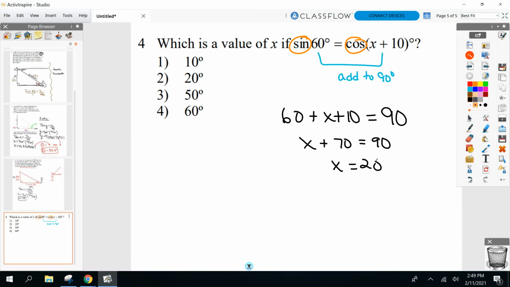And I mentioned before, if you want to see if you're correct or not, take 20, plug it back in for x, and your angles should add up to 90, or even better, go to your calculator. Is the sine of 60 the same as the cosine of, let's see, if I plugged in 20, 30? And they should be. So anytime you see sine and cosine equal to each other, those angles are complementary.